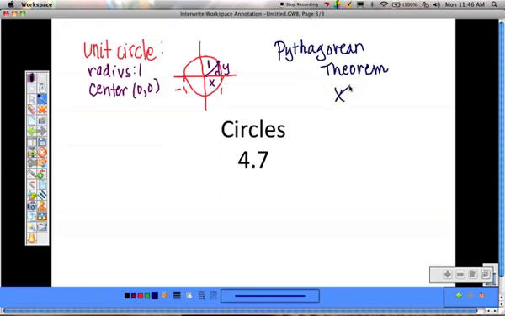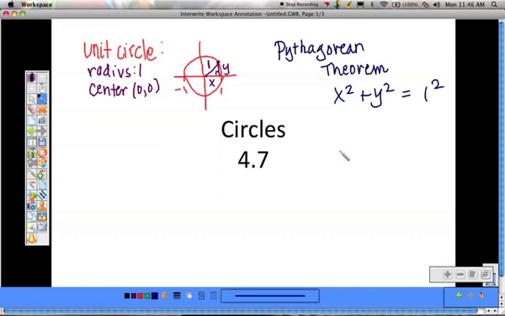So we have x squared plus y squared, and that equals the radius, 1 squared. So this is where the equation of a circle comes from, the Pythagorean theorem. It's a right triangle, and we know that a squared plus b squared equals c squared. So therefore you have x squared plus y squared equals 1 squared.